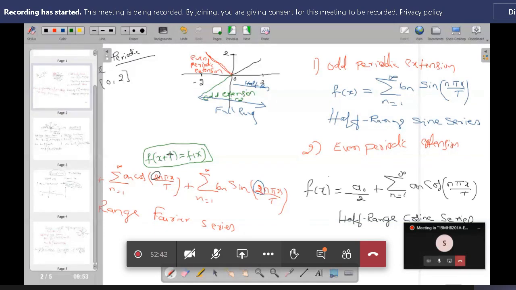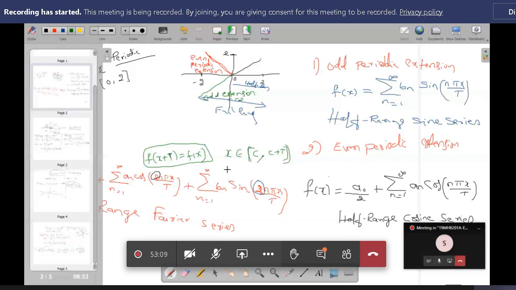The range of x can be anything, c to c plus T. If the period is T and you compute the difference, it will again be T only. So in the full range Fourier series, the period was the full period.